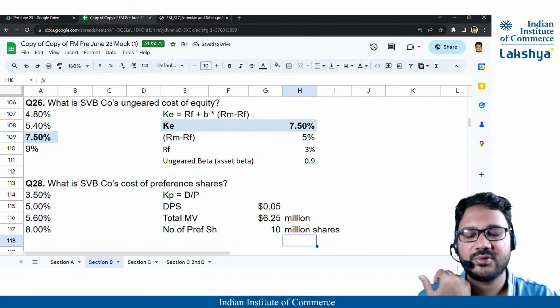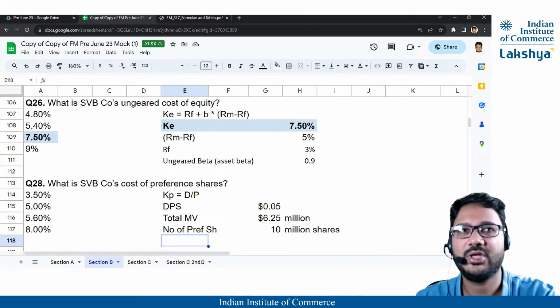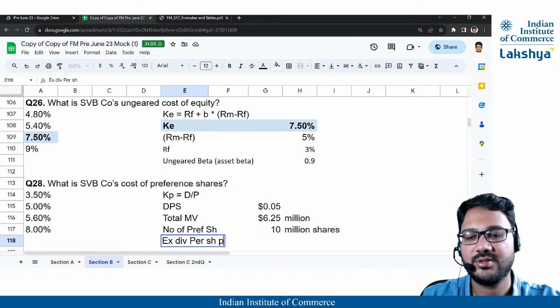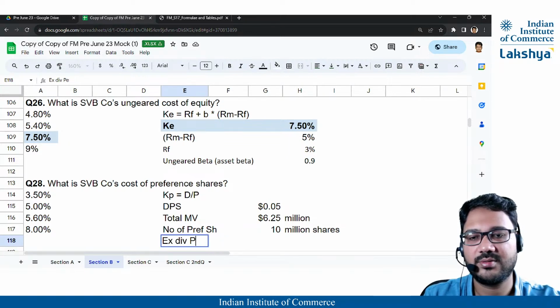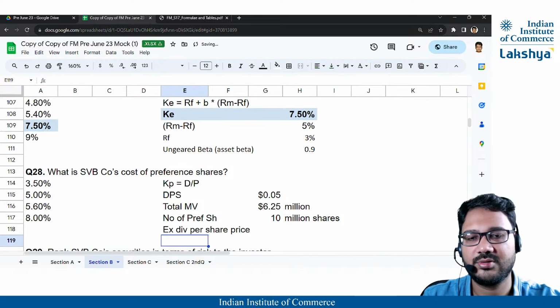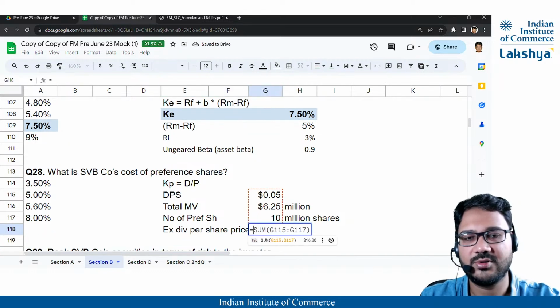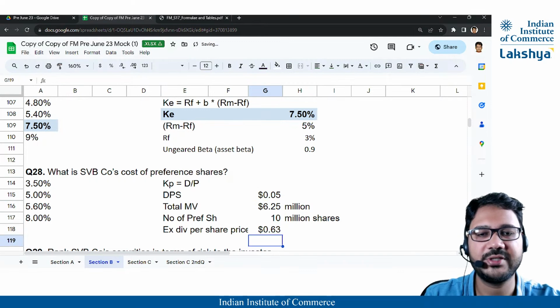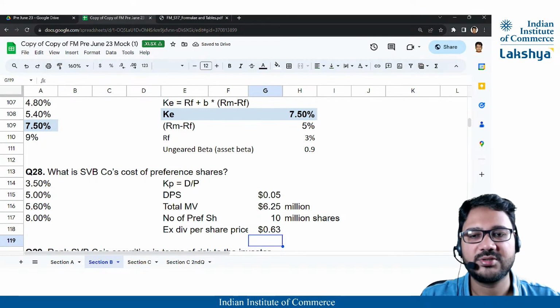So we can now find the ex dividend price per share, which is total share value divided by total number of shares issued, so $0.63.